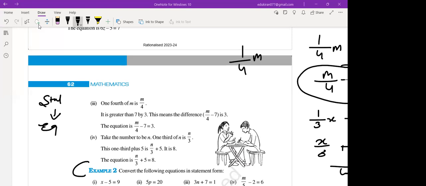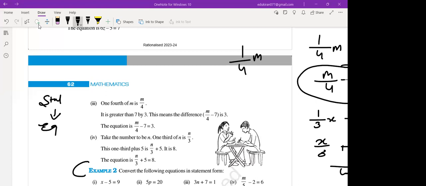Ma'am, suppose the question is 8x is equal to 25. So can we write the statement like this, 8x is more than 25?